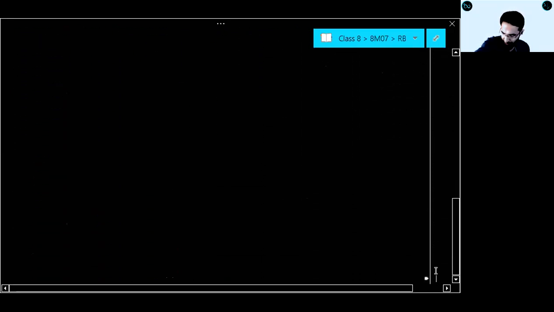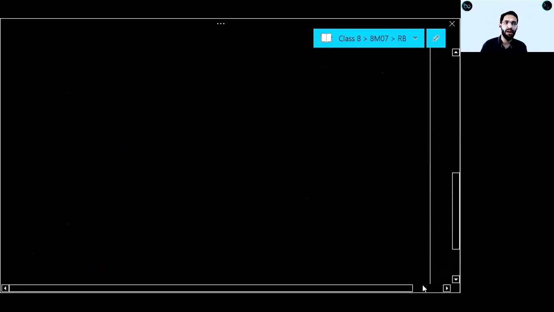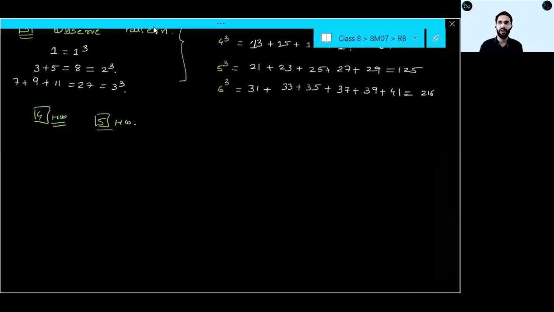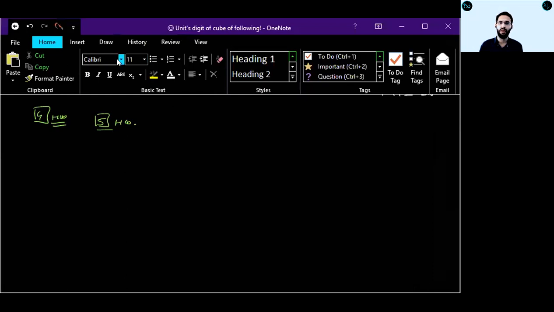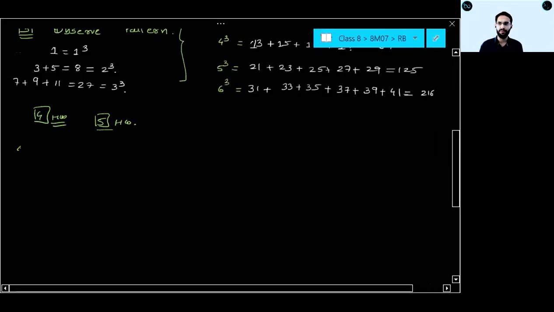Question number 4. Identify the pattern, right, and find the value of the following using above pattern. How many students are having doubt in question number 4? Just raise your hand. See here. In question number 4, students, it is given that 2 cube minus 1 cube is equal to 1 plus 2 into 1 into 3.